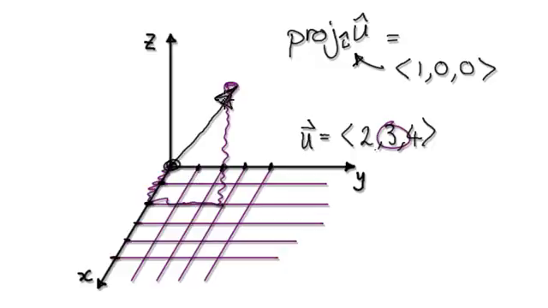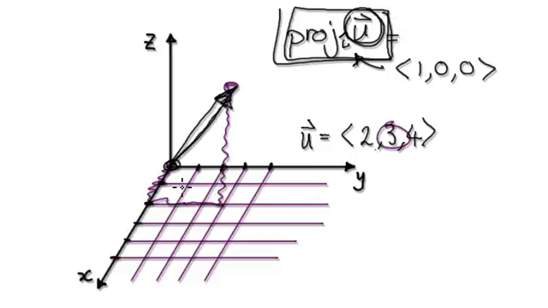Looking at this vector here, which is u, project this vector onto the x direction. So you compute this thing here.